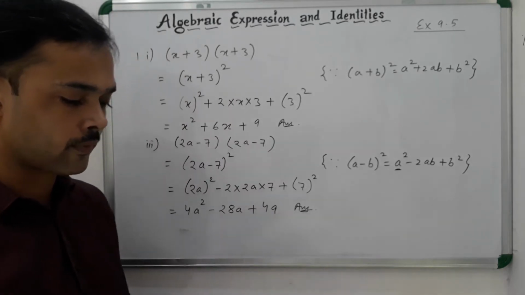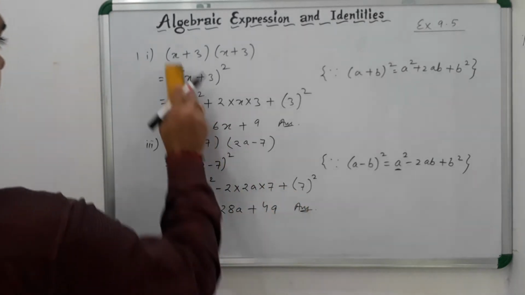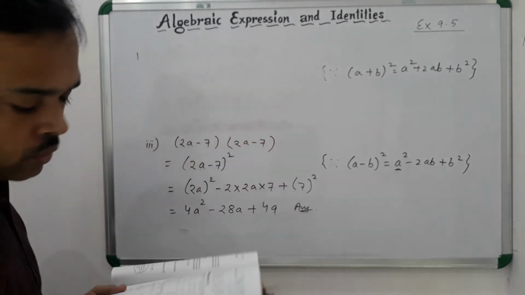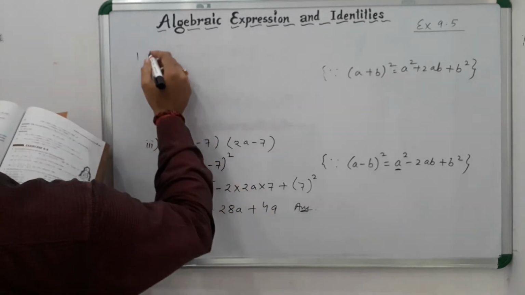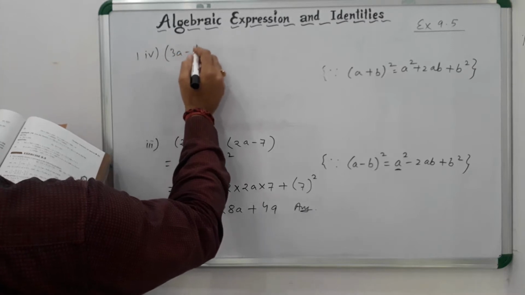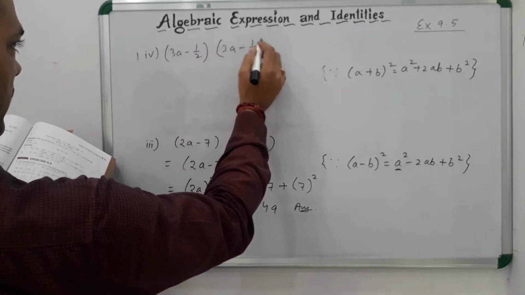Now after the third part, let us do the fourth part. In the fourth part the question is 3a minus 1 by 2 into 3a minus 1 by 2.